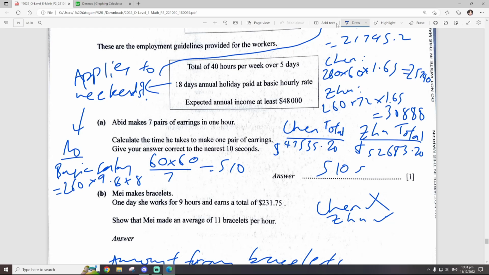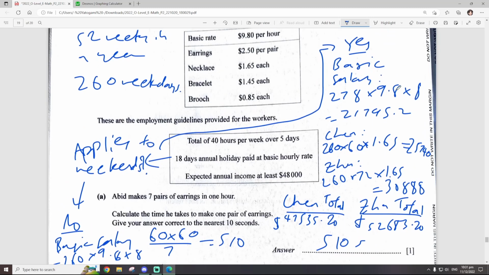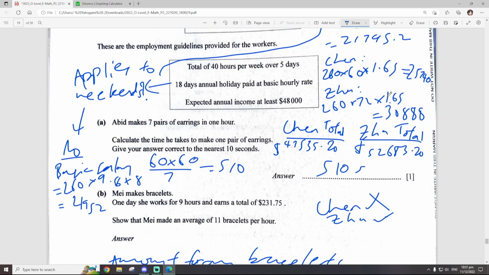What changes is that your 260 here becomes 242. So this is 21952. Okay, so you get this basic salary, which is a bit more than, not this, it's 20384. So this is your basic salary.